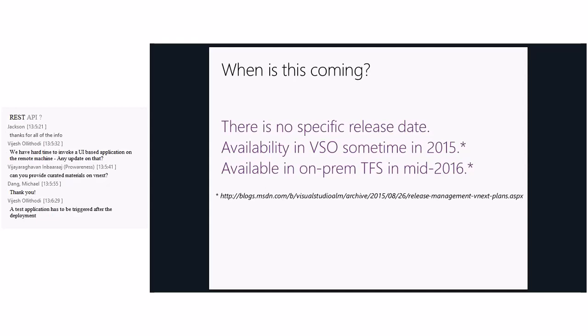So a test application has to be triggered after the deployment. That's the follow-up to that last question. Well, I would say that if you could make it so that it could run without a UI, that would be the ideal.